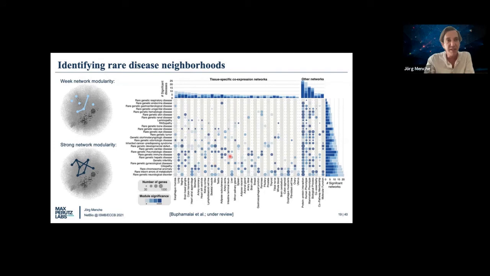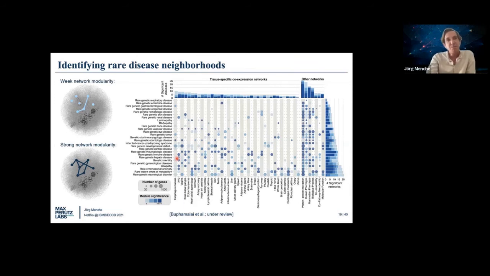And if you inspect these on a case-by-case basis more closely, you find that there is a very nice correspondence between known affected tissues in a particular disease and the network modularity that we are quantifying here. So to us, this means that this network modularity can be understood as a measure of relevance of a particular level of biological organization to a particular disease.